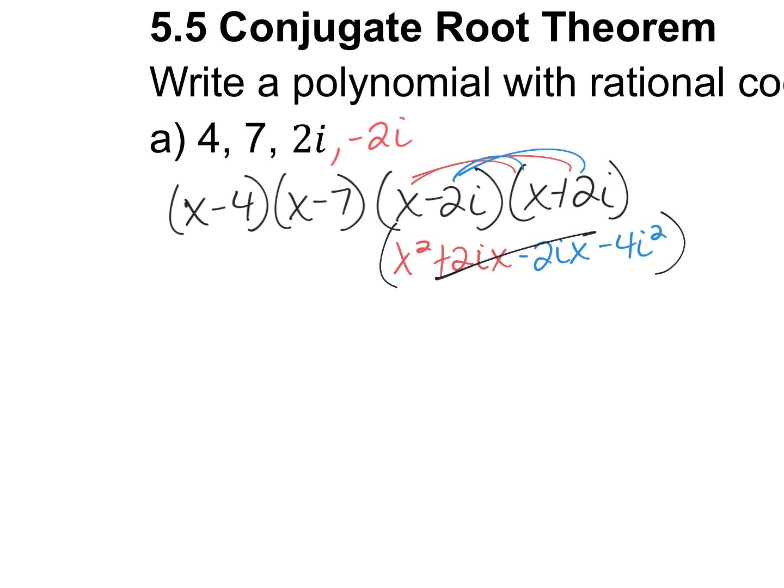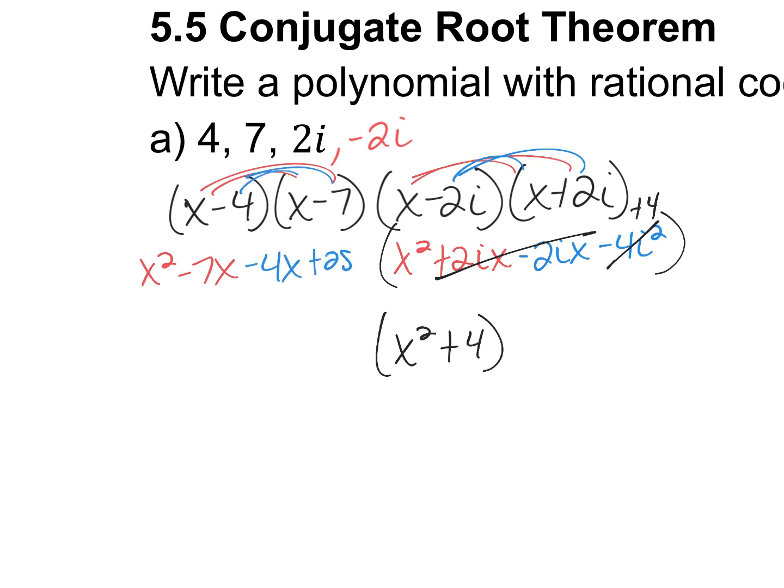Negative 4i squared becomes positive 4. So this is x squared plus 4. Now I'm going to go ahead and distribute this over here. So I have x squared minus 7x minus 4x plus 28. So I have x squared minus 11x plus 28.